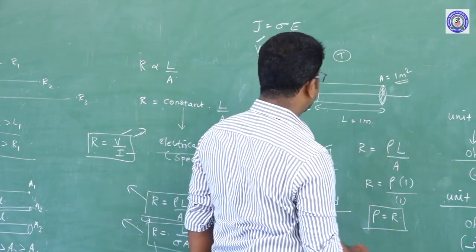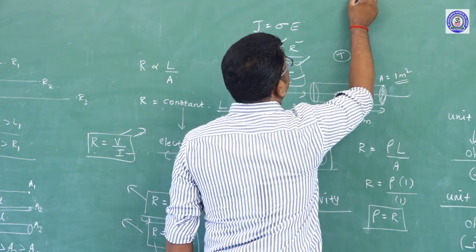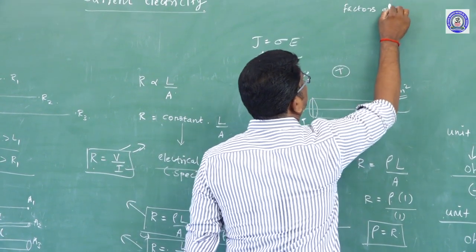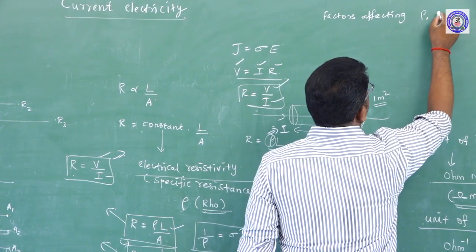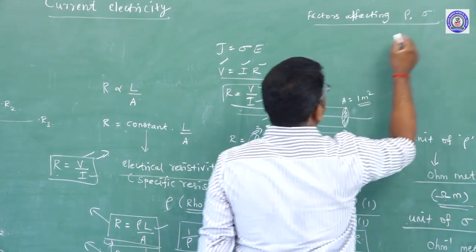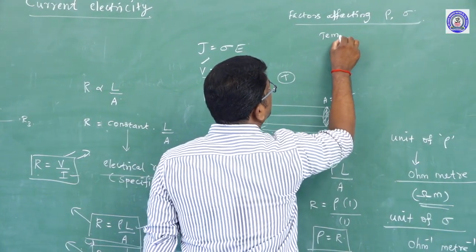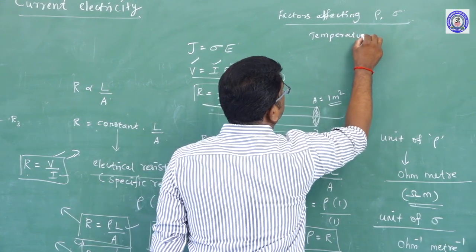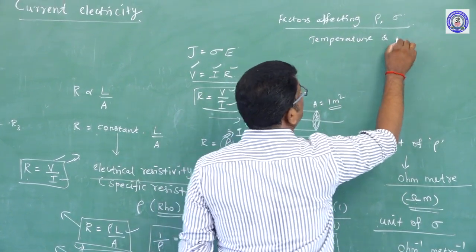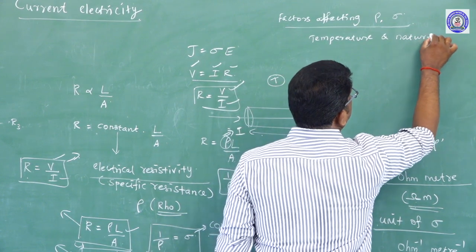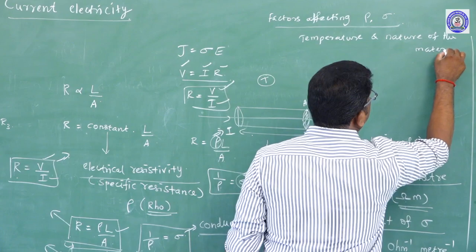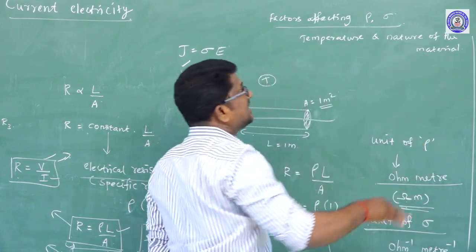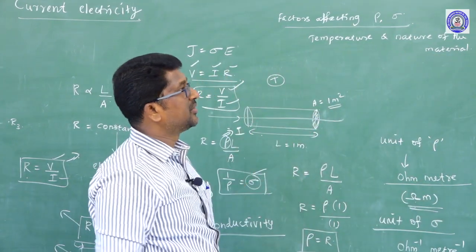So, factors affecting the electrical resistivity and conductivity are temperature and nature of the material. If the material changes, resistivity and conductivity values also change.